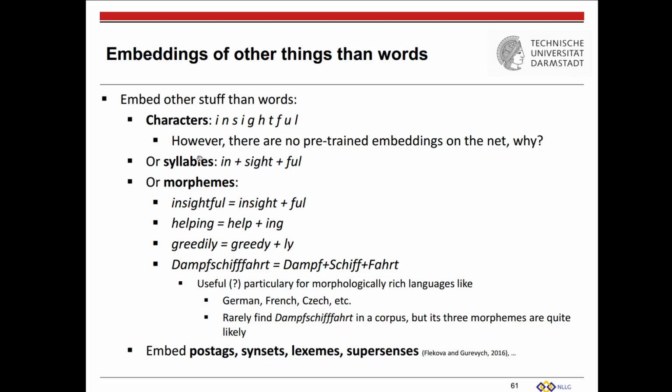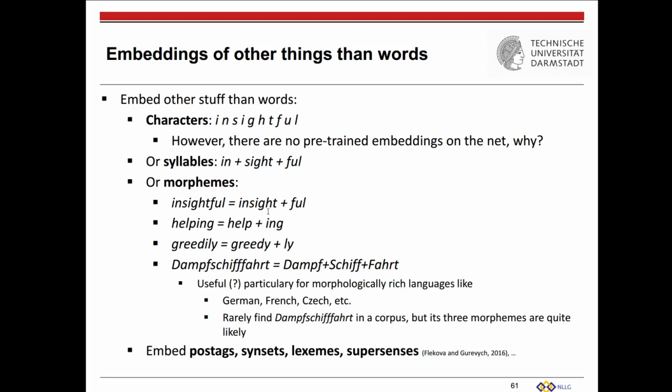But you could go sub-character level. You could go into syllables. You split the words into syllables and then embed each of the syllables. Or you can do morphemes, where the difference between syllables and morphemes is that syllables are more structural units, they depend on pronunciation, whereas morphemes are meaningful units.